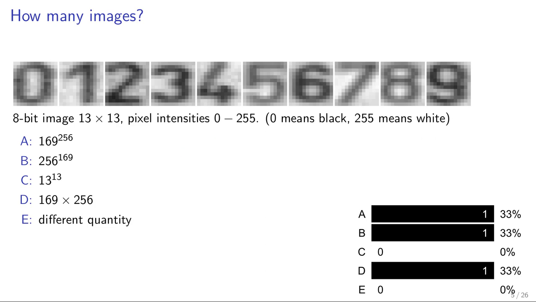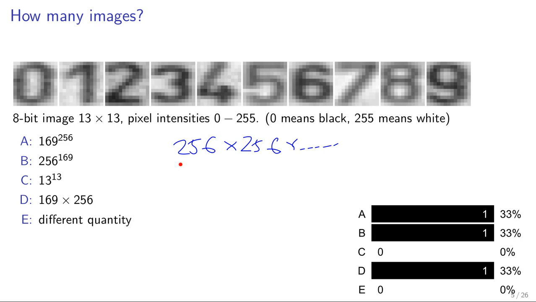If I had just one pixel, so if the resolution was one big pixel, then how many possibilities do I have of choosing the intensities? This would be 256. Now, if I have 2 pixels, then for the first pixel I can choose this, and for the second pixel I can choose also this.